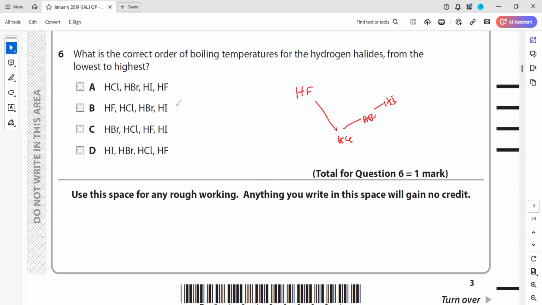From lowest to highest: HCl, then HBr, then HI, and then HF. Why? Because HF has hydrogen bonding, HCl has dipole forces, and the others have dipole-induced dipole forces. But dipole-induced dipole forces increase as the number of electrons increases.